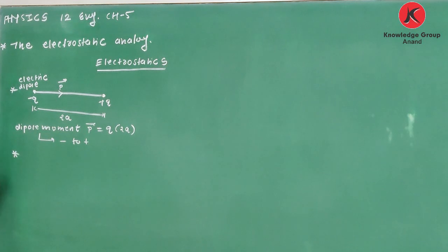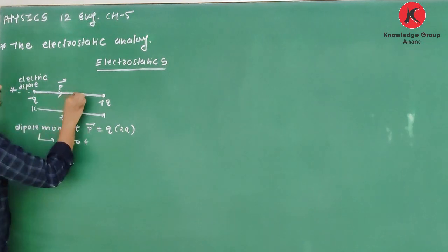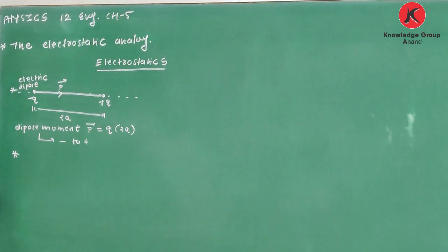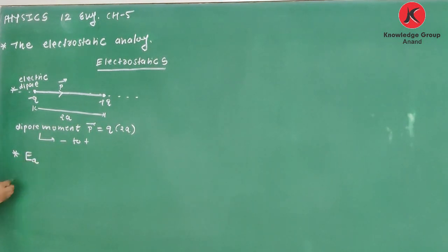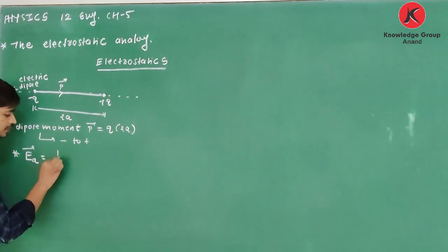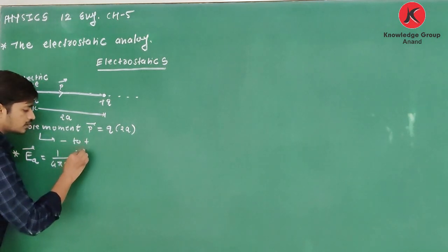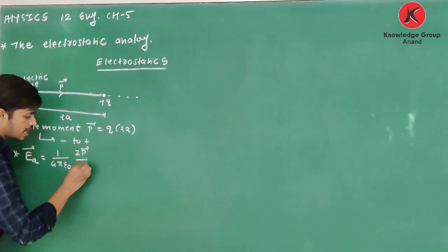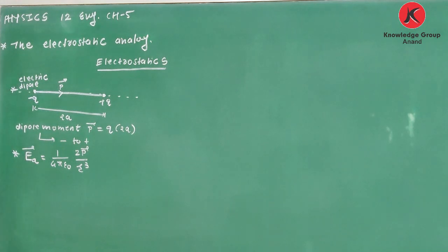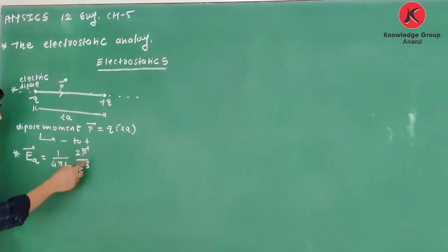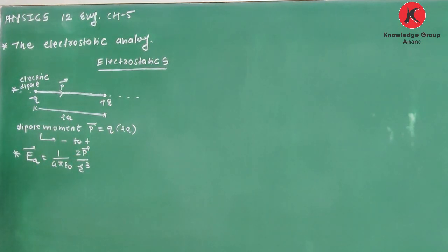Then on the axis of the dipole, what is the equation of electric field? We have obtained E axis is equal to 1 upon 4 pi epsilon 0 into 2p upon r cube, for a short dipole.